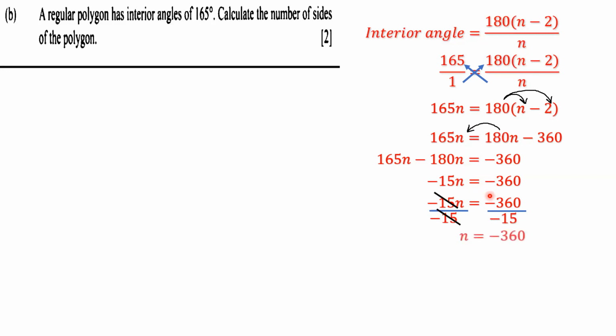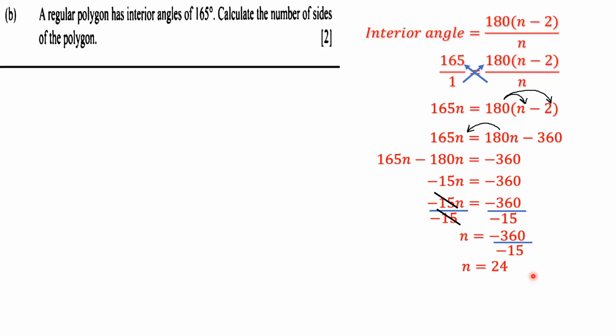These two 15s cancel out along with their negative sign. So n equals negative 360 divided by negative 15, and so n is equal to 24, which means that the number of sides of this polygon, given that its interior angle is 165, is 24 sides.